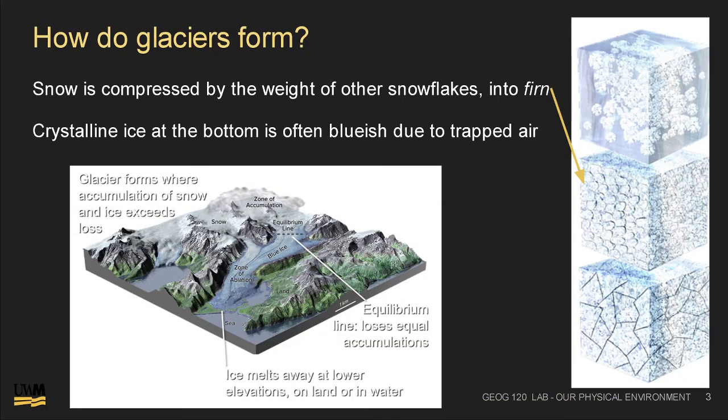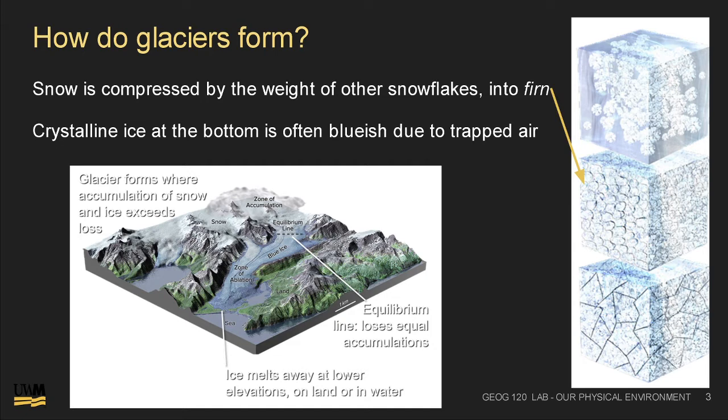So how do glaciers actually form though? Because for the most part, glaciers are pretty much solid ice, but they form due to snow that is compressed by the weight of other snowflakes on top. Usually takes about a year.